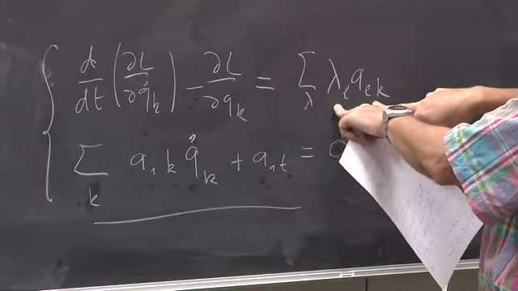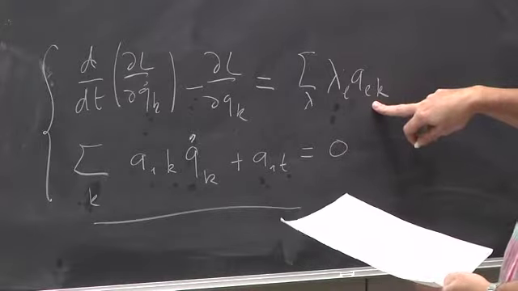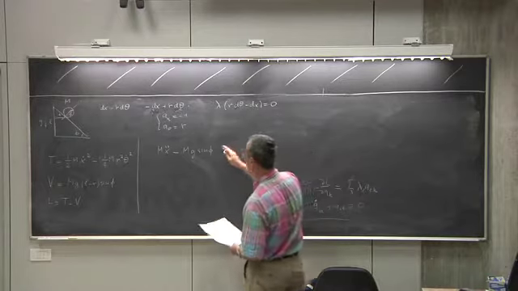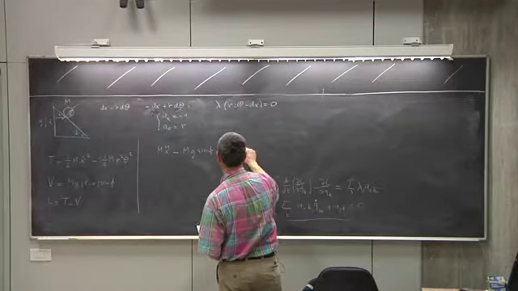The ax has a minus, right? Has a minus lambda. So if I take it on the other side, I just get plus lambda equal to 0.